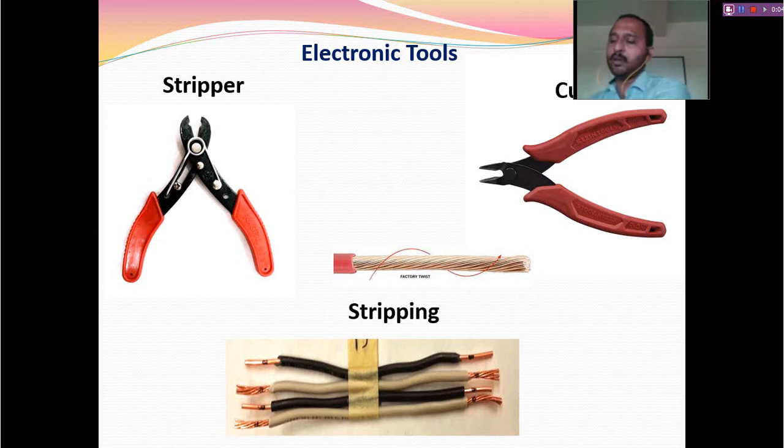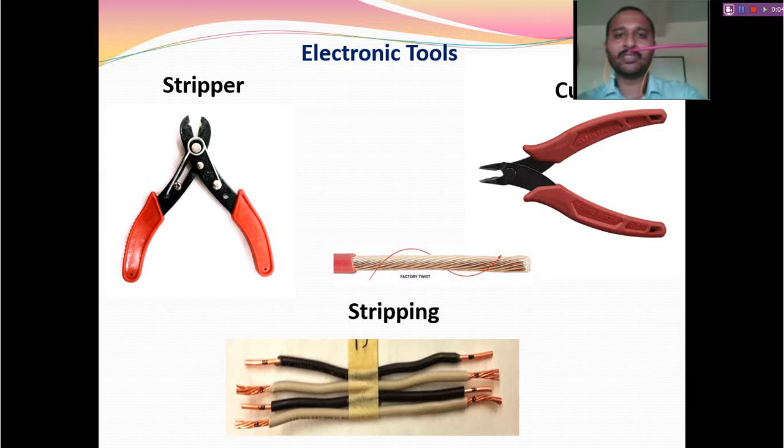This is the cutter and this one is the stripper, right? If you see in the diagram, the technique has been shown as stripping. What is stripping? See here, in a simple wire, now in my hand also there is a wire. This type of wire is a multi-stranded wire.